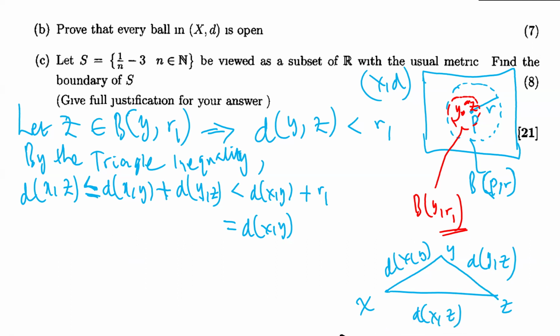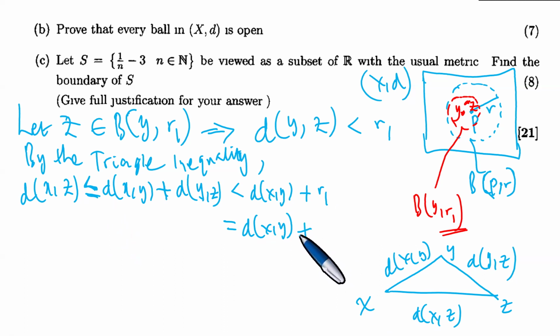How true is this? It is always true for any triangle, and hence the triangle inequality. So the distance between X and Z with just 2 points will always be smaller than or equal to the sum of the distances on any other two sides. Okay, so we have that. So now the distance between X and Y plus R1.